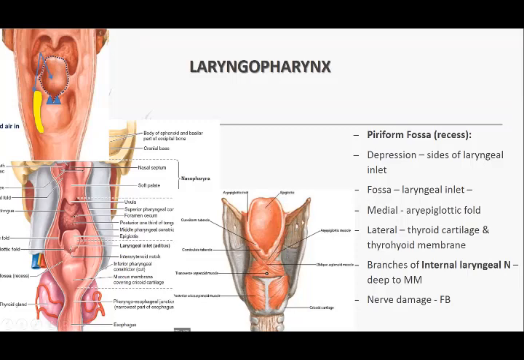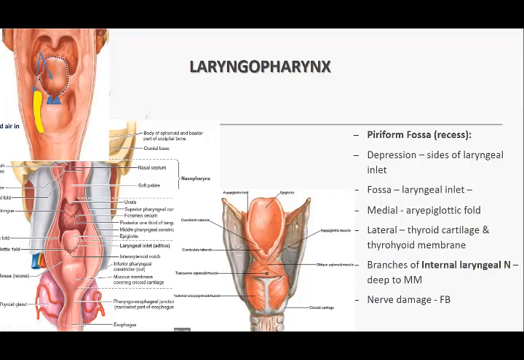And I told you about the internal laryngeal nerve. What is the function of this piriform fossa? If God forbid any foreign body comes and gets stuck over here, the person would reflexively start to cough, because the internal laryngeal nerve is purely sensory and it supplies this area, sensory fibers to the larynx and to the piriform fossa.